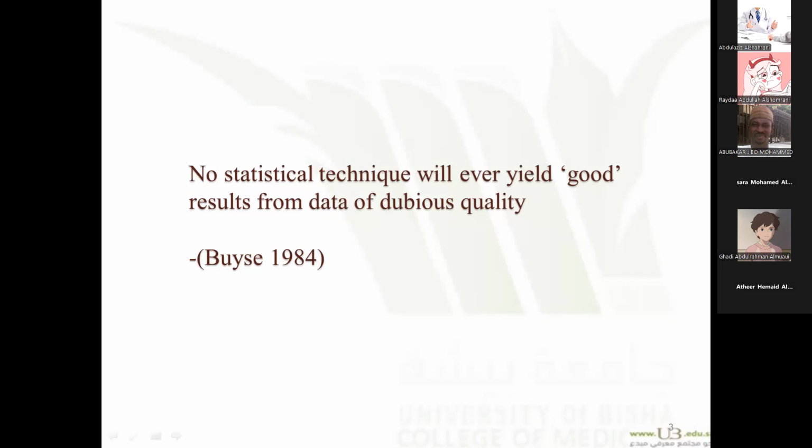It means if the data is not of good quality, no matter what you do, you will not get a satisfactory analysis. Maybe as we go along the slides, we'll be able to identify why this statement is relevant.